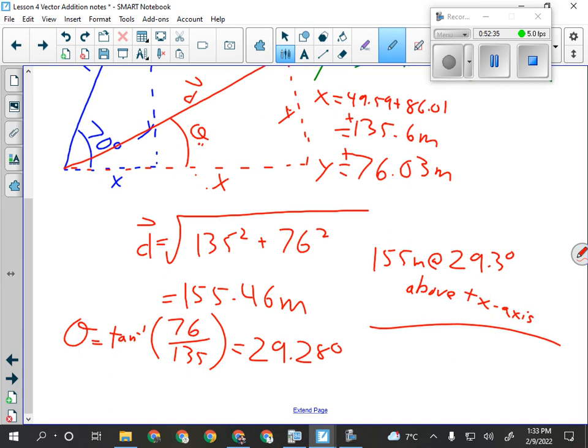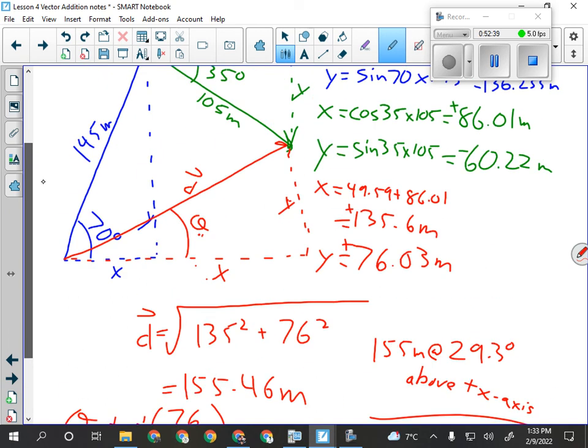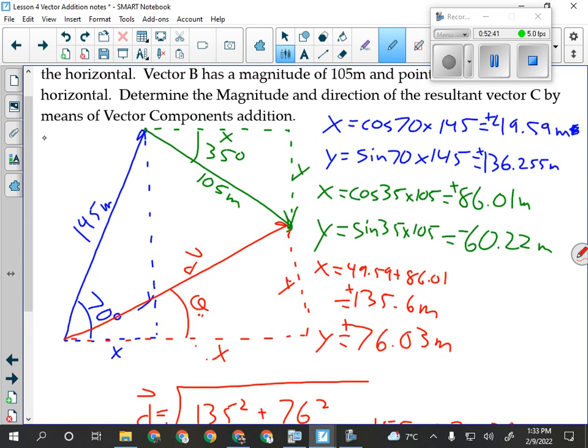How did you get 76 for your y? So to get 76 for my y, I took this side here, which was 136, and I subtracted this, because they backtracked, right? This one went up and this one went down. So I'm at 136 minus 60.